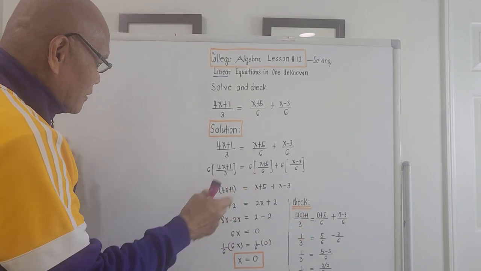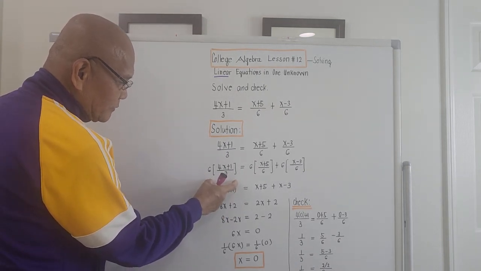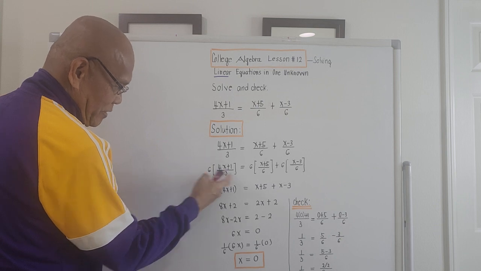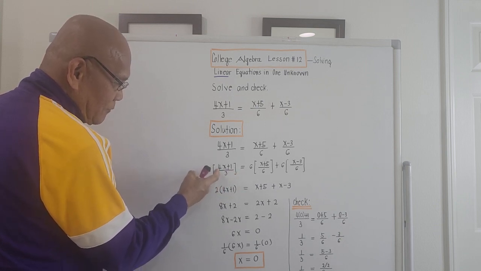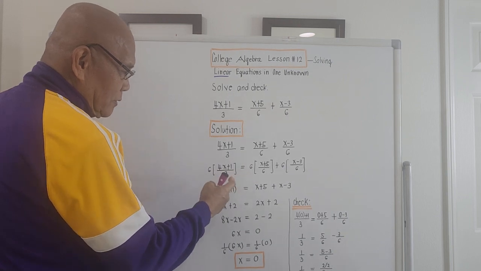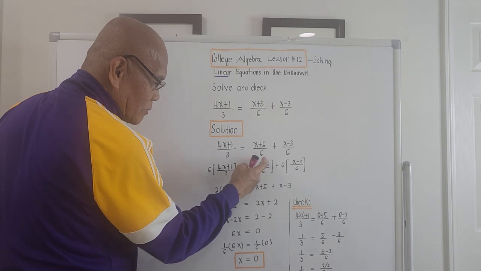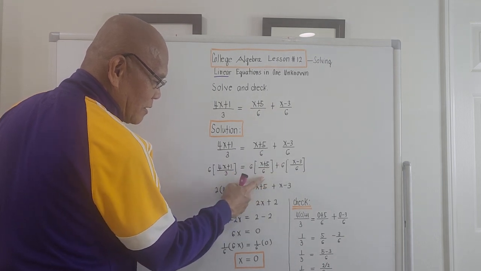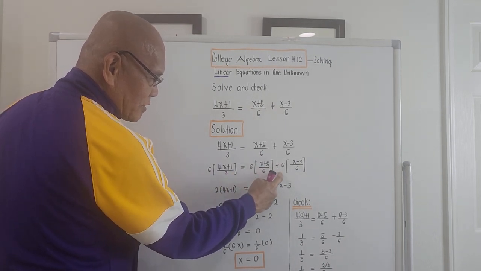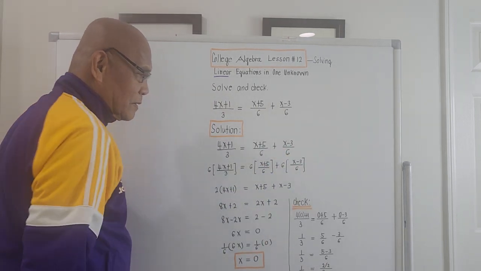So I will be rewriting the left hand side, 6 multiplied by open bracket, I now use a bracket because it's a little bit complicated, 4x plus 1 over 3, close bracket, equal to the right hand side, the first one, 6 multiplied by open bracket, x plus 5 over 6, close bracket, plus 6 open bracket, x minus 3 over 6, close bracket.